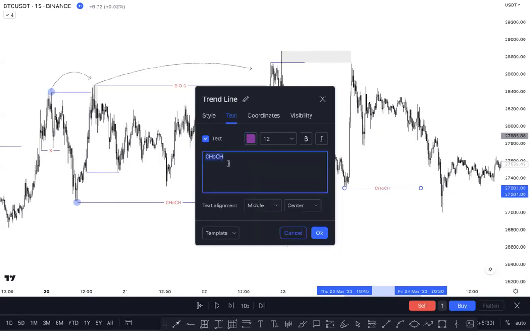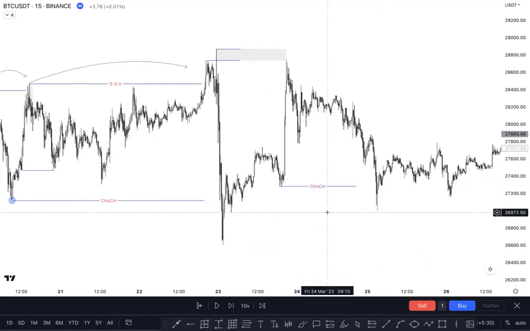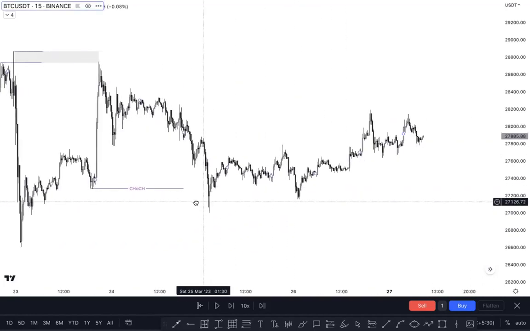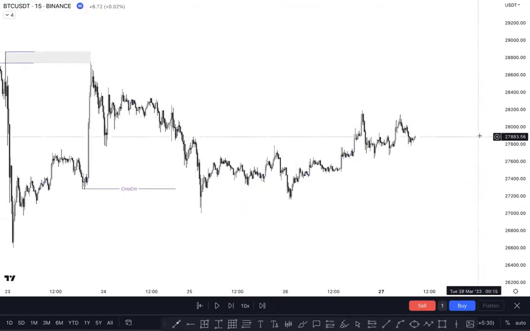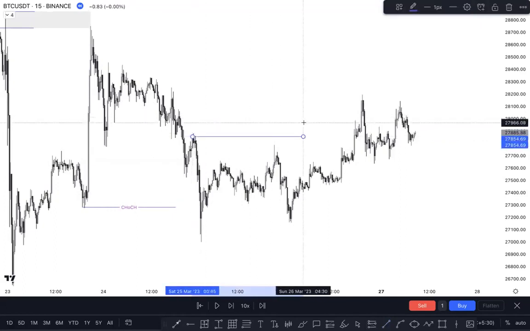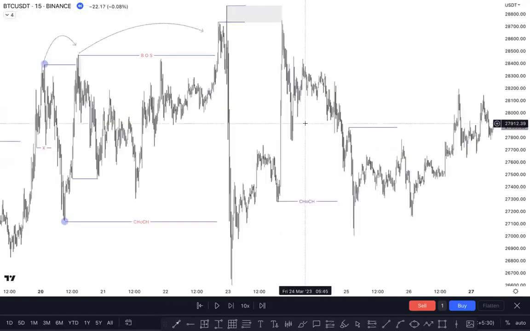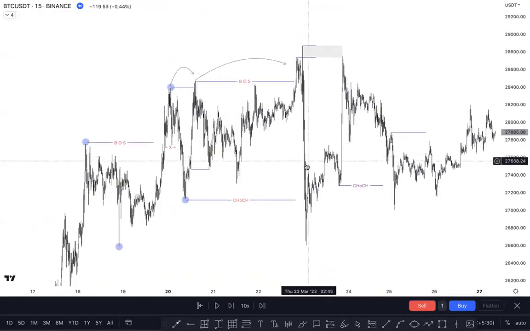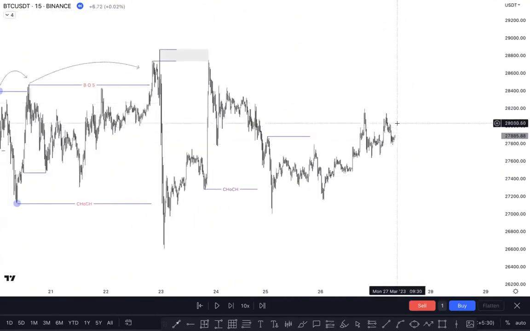Okay, let's change the color. And after this CHoCH, what is happening here? You can see here, after this CHoCH, you have to sell. Where is inducement? Inducement is here. Because you have to understand the previous data before the current price action, right?